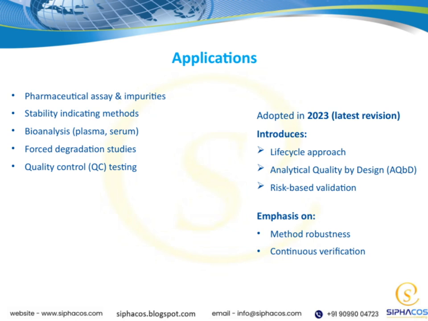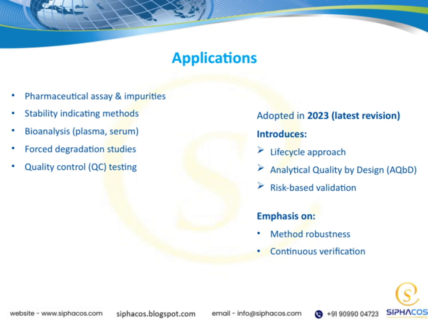Speaking of risks, risk-based validation is also a core component, meaning we prioritize validation efforts based on potential risks to product quality. On the emphasis side, method robustness is a critical focus. It's about ensuring our methods consistently produce reliable results. Continuous verification plays a role here, too, helping us monitor and confirm method performance over time.